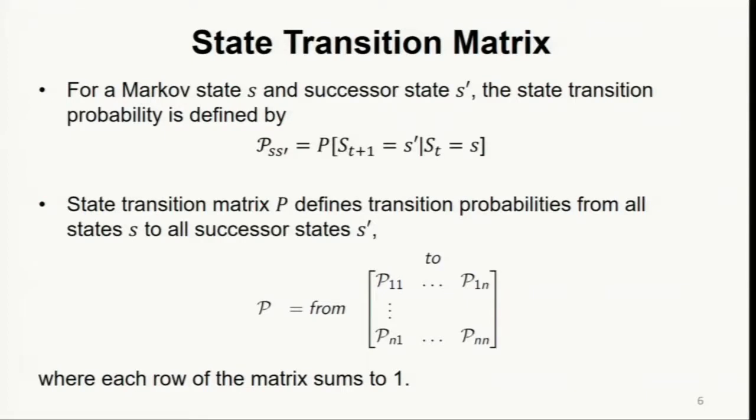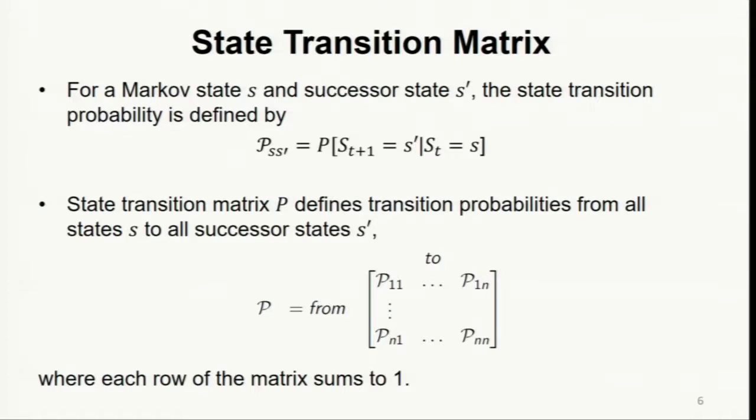So the transition matrix for Markov, we define this transition matrix. If you are in this S, what's the probability you are in S prime? S prime is the next state at t plus 1. So for a Markov state S and a successor state S prime, the state transition probability is defined as P_SS'. You see here, this is P_ij. What do we define P_ij?